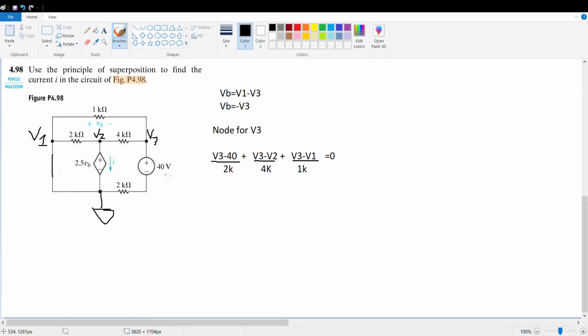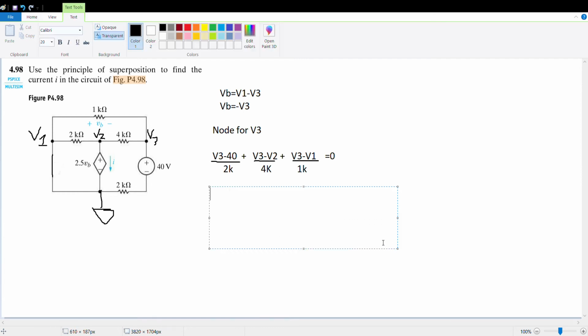We also need to solve the node voltage equation at V2. At V2, we have V2 minus V1 over 2K for the current leaving this branch.